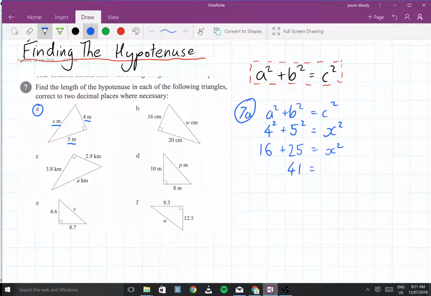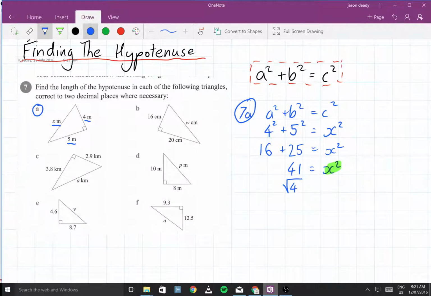Now this is a bit that many people find tricky. If x squared is the same thing as 41, then I can square root 41 and I get what x equals.